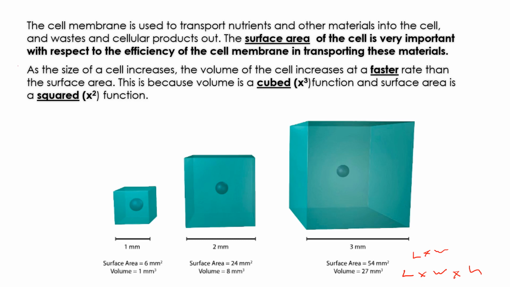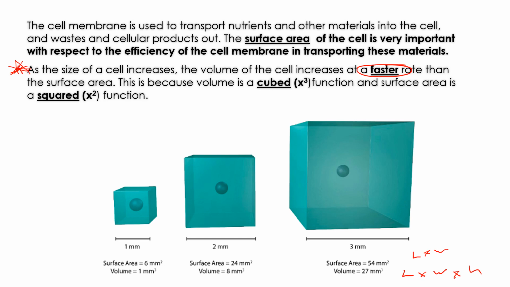Okay, so really important point here. Okay, you want to highlight this in your notes, make a point of it. As the size of a cell increases, the volume of the cell increases faster than the surface area. And this is because, as I mentioned, volume is a cubed function and surface area is only a squared function.